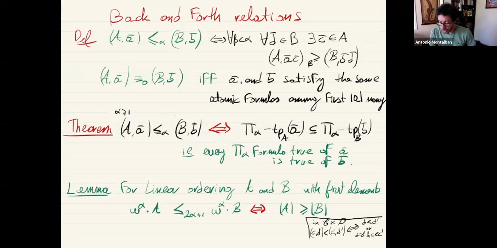The back and forth relations are used in the book, if you continue reading, a lot more, because there are many proofs that are more abstract, about structures in general and about what they satisfy, and the combinatorics of the alpha back and forth relations are very good for many of these proofs.